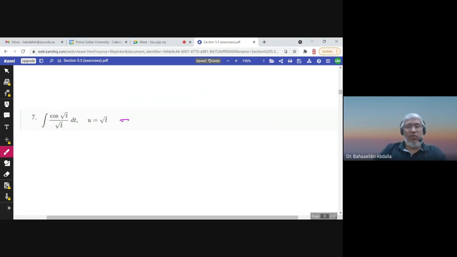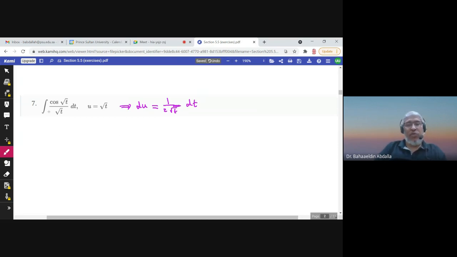u is square root of t, so du would be the derivative of square root of t. I have square root of t in the denominator. I need 2. So 2 in the denominator, so I'll put 2 in the numerator outside. So I will have 2 integral.